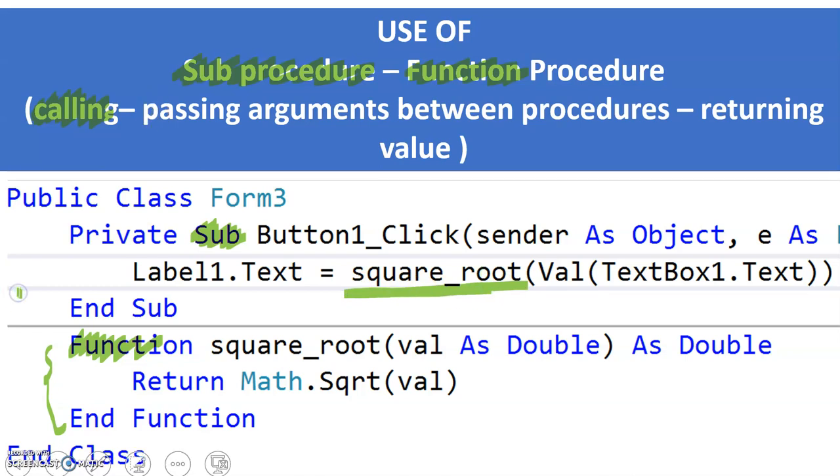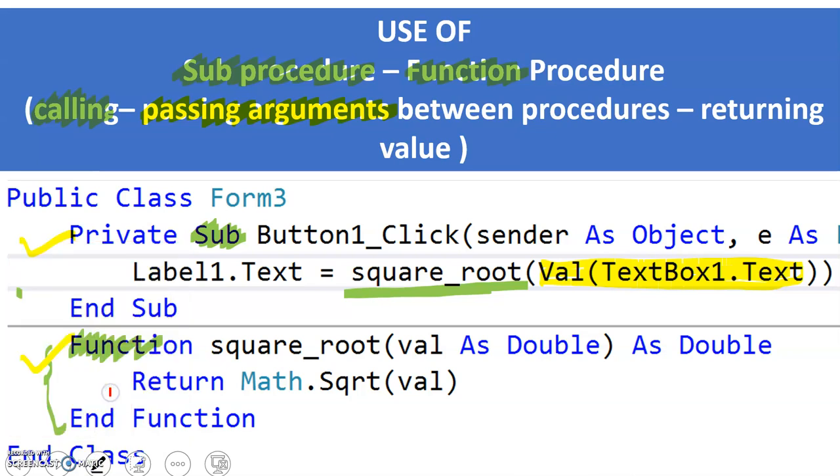Then passing the argument: here we have passed the argument between the procedures, from this sub procedure to this function.